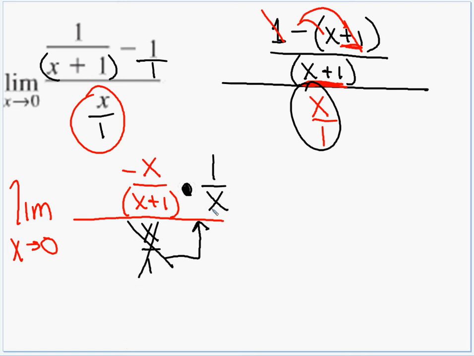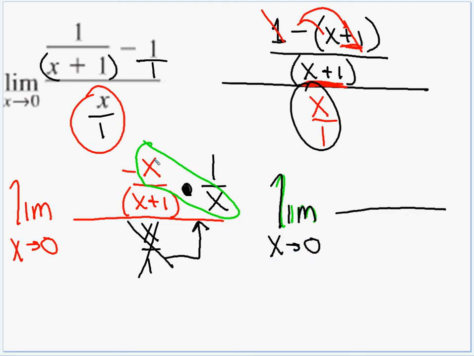Now look what happens on the diagonal here. Let me circle that in green ink. Those x's are going to cancel down to 1s. So we have our limit, as x approaches 0. Let's see what we're left with here. Again, on the diagonal, these are going to cancel to 1s. So we're left here with a 1 with a negative in front of it.